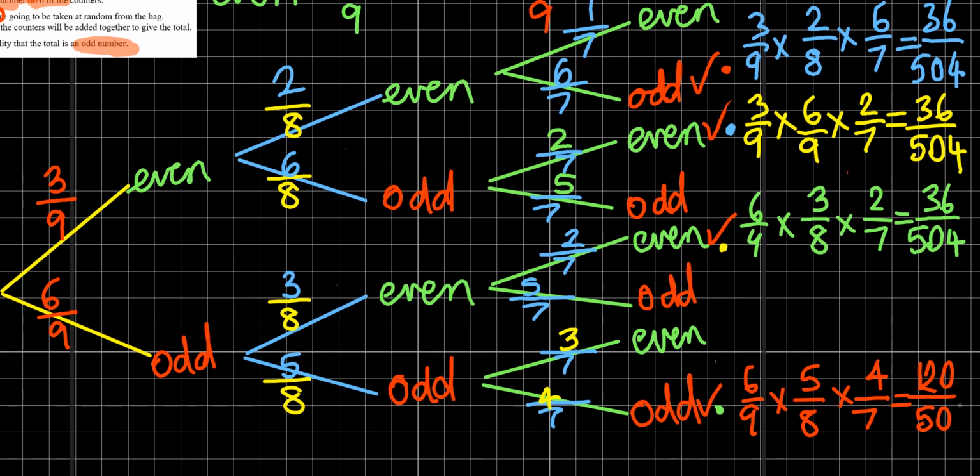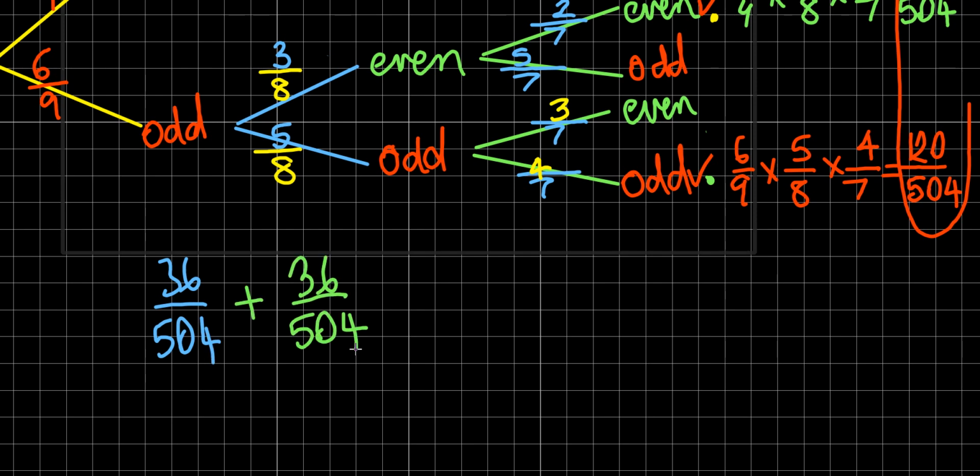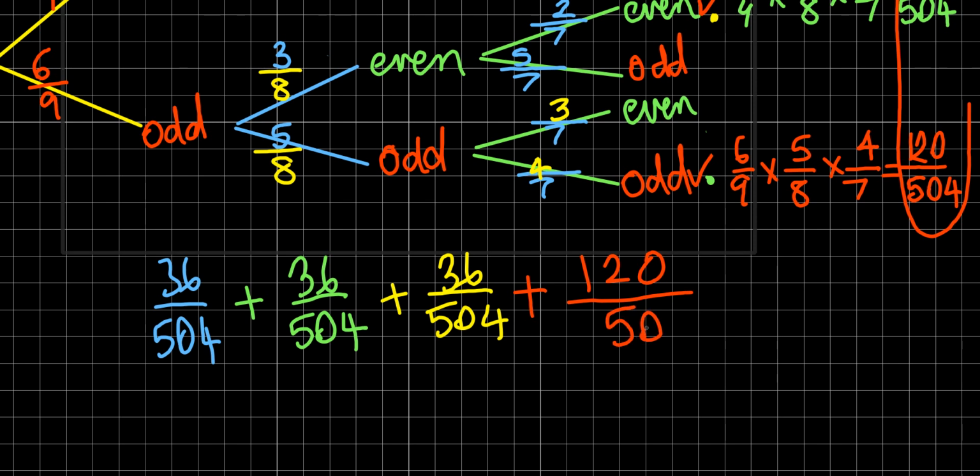So that means if we add together the branches that we need, that would give us the answer. So we would have 36 over 504 plus 36 over 504 plus 36 over 504 plus 120 over 504.